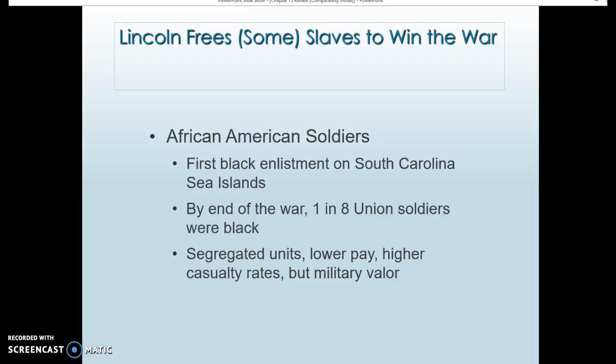They're going to execute them once they are captured. But they do have a lot of military valor. They're fighting for something that is obviously incredibly important to them. And so their battles and victory and their willingness to volunteer kind of outshines the Confederacy.